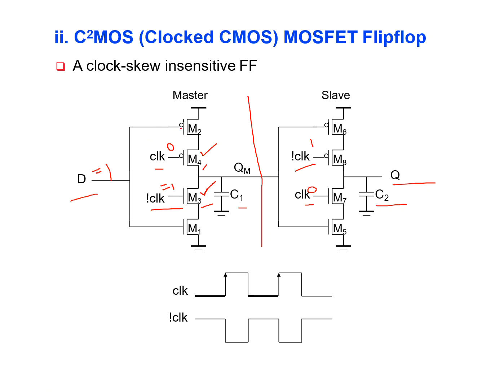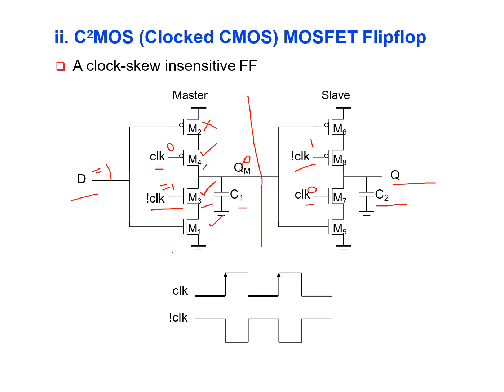If I give a 1, as M1 is on and M2 is off, I will get my output QM as 0. So whatever the value of D, it will be propagated to QM in inverted form. So when the clock is 0, master is transparent and slave is in hold state.